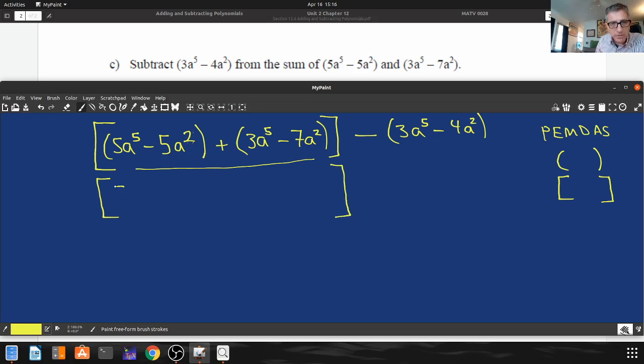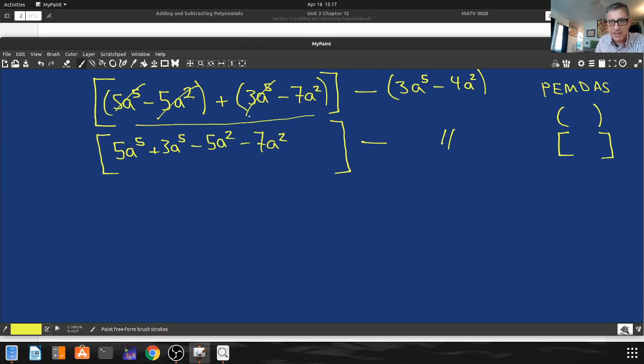So I'm just going to group together the degree 5 elements, and then the degree 2 elements. And then over here, I'm going to be lazy and I'm just going to put minus ditto. I'll copy that down again when I have to.